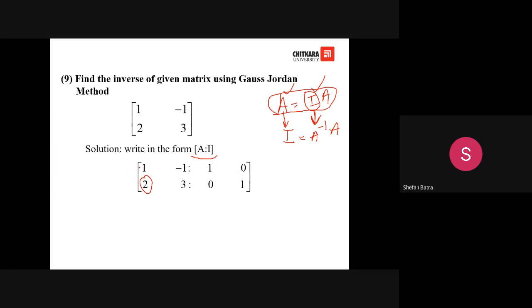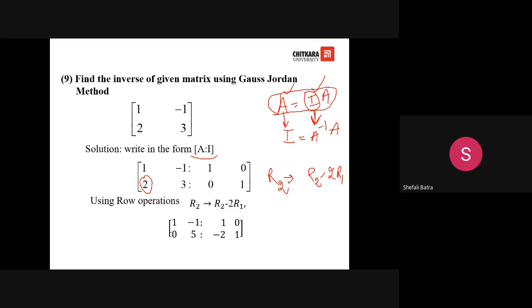We will make this 0 with the help of R1. So you will write here R2 implies R2 minus 2 times R1. R2 implies R2 minus 2 times R1. After applying this operation, you will get this.